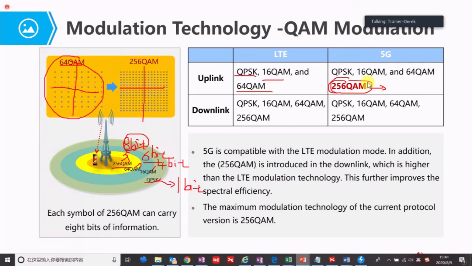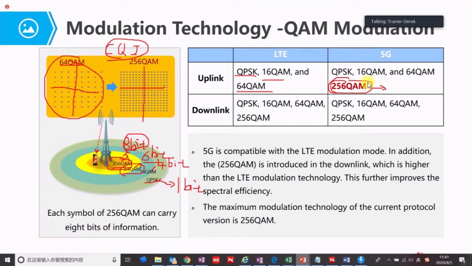It depends on the CQI. CQI means the channel quality indicator. This parameter is dynamic. If the signal quality is very good, use this one. If the quality is not so good, use this one.